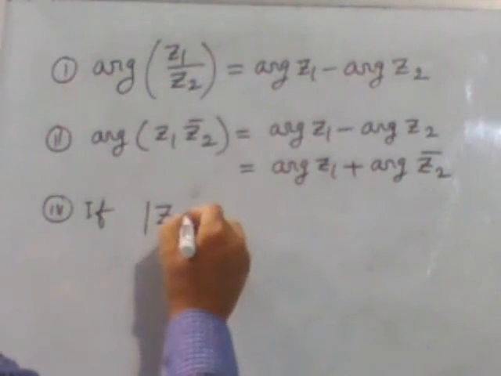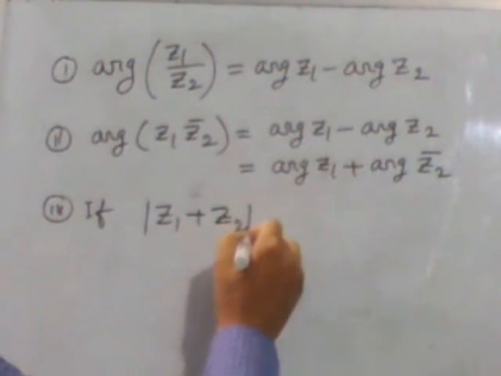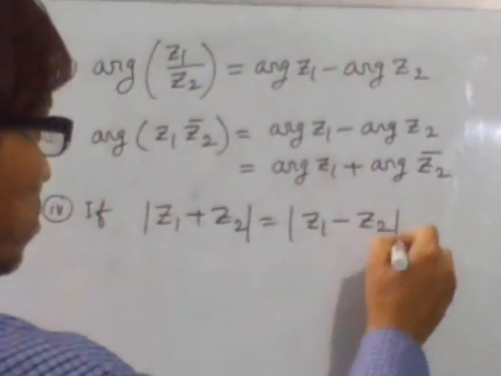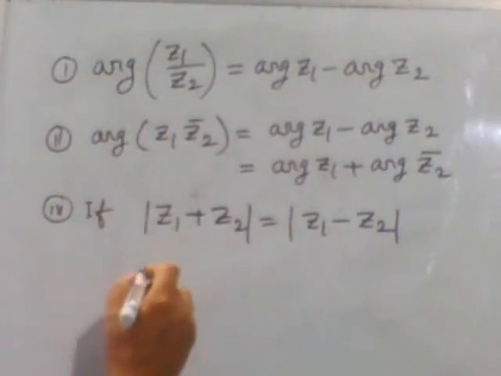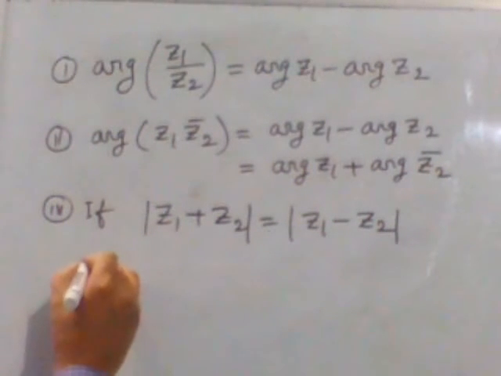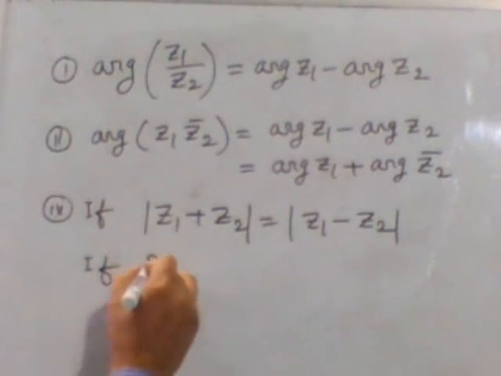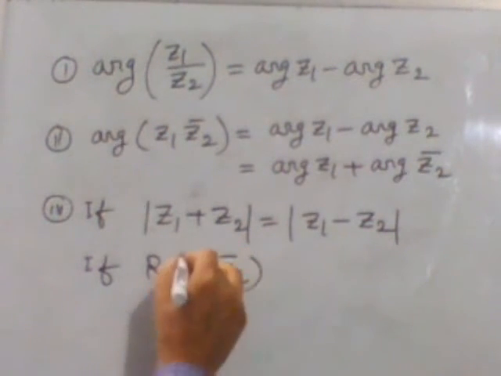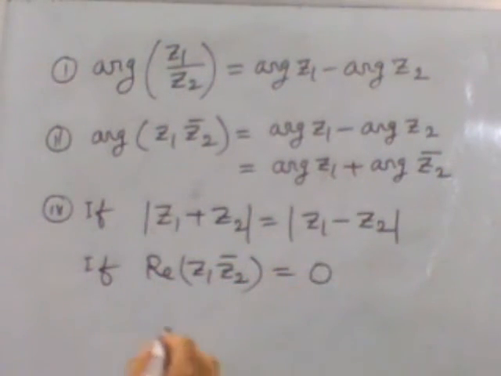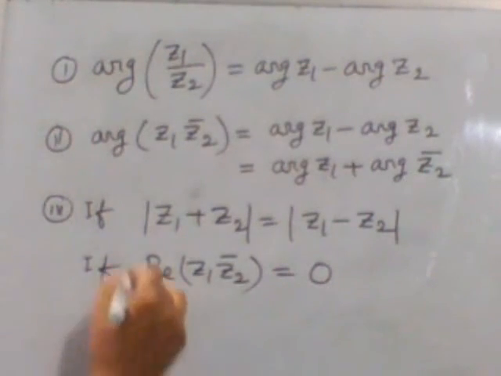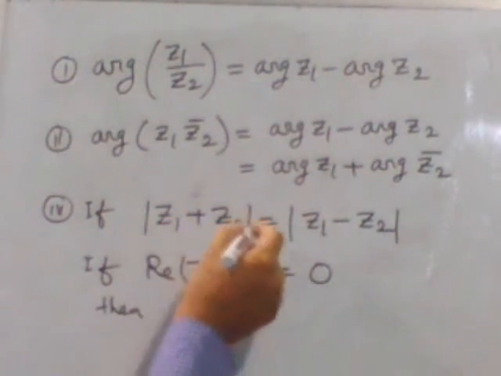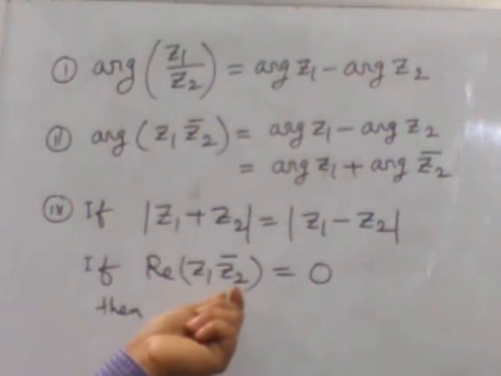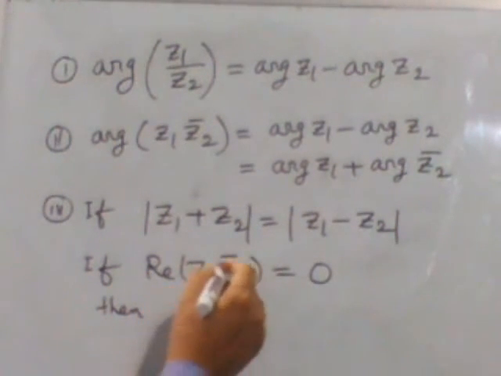Suppose modulus of z1 plus z2 is equal to modulus of z1 minus z2. Then, after squaring that, or you say if real part of z1 z2 bar is equal to 0, then in both the cases, from this case you can come to this real part of z1 z2 bar.